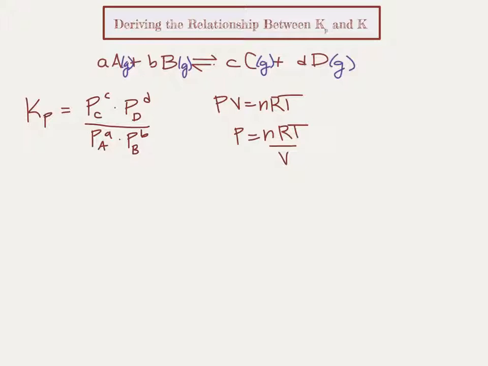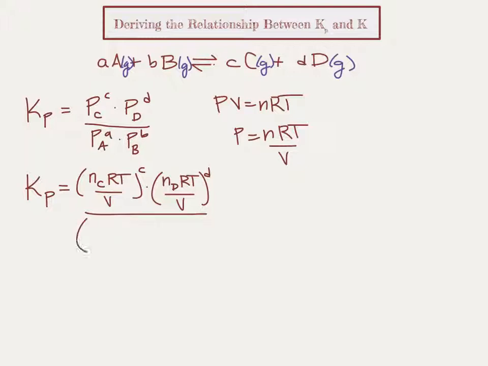For clarity, we're going to use some subscripts on the moles to match the individual chemical species. But we can substitute that PV equals nRT expression into this K expression: moles of C times RT divided by V to the power of the little c, times moles of D times RT divided by V to the little d, and so forth for all of the different reactants and products.